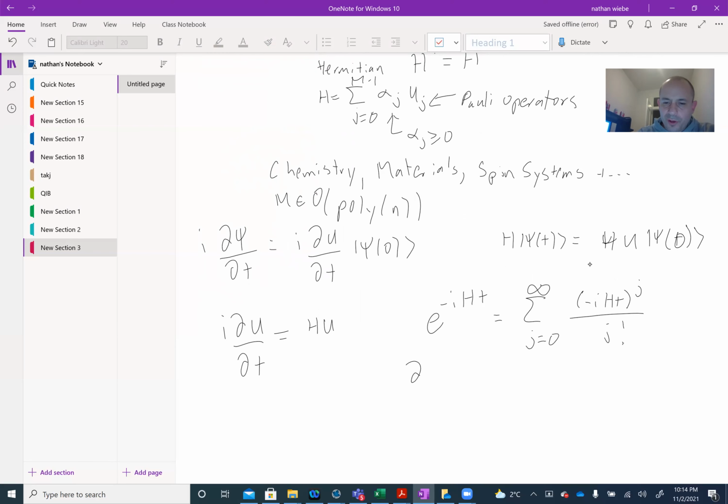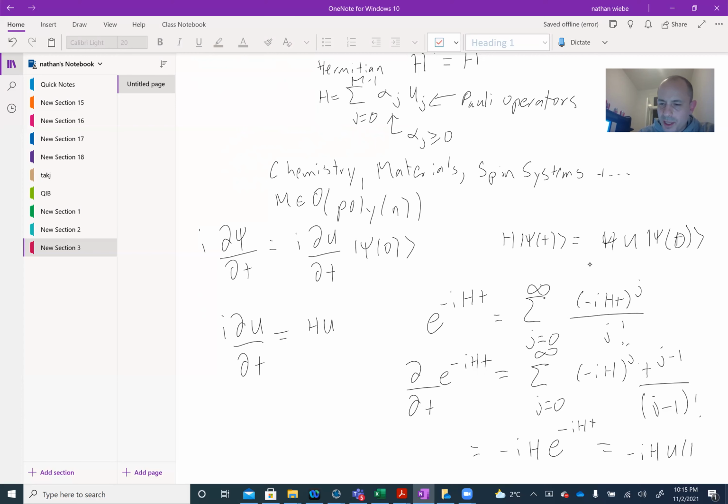And so the derivative with respect to t of e to the minus i H t is equal to the sum from j equals 0 to infinity of negative i H times (negative i H) to the j minus 1, t to the j minus 1, over j minus 1 factorial, which of course is equal to negative i H e to the negative i H t, which we can rewrite as negative i H U of t.